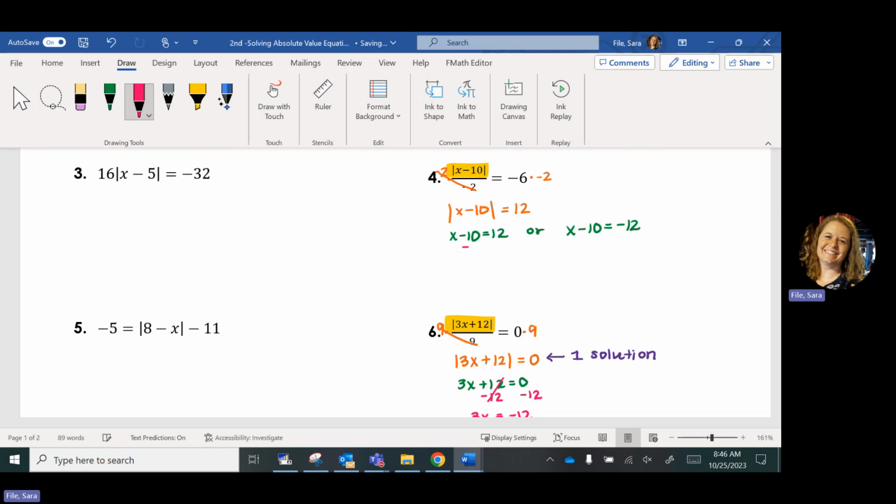So I'm going to add the 10 to both sides. And I get x is 22 or x is -2. So when I go to type those in Canvas, which one am I going to put in the first blank? -2, and then I'll put 22 in the second blank.